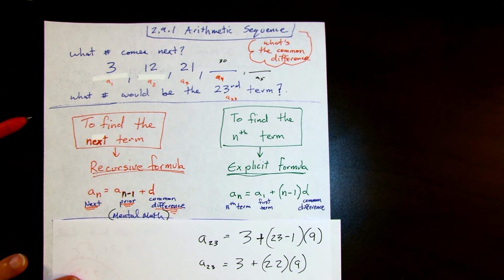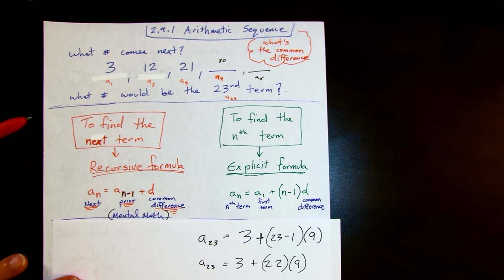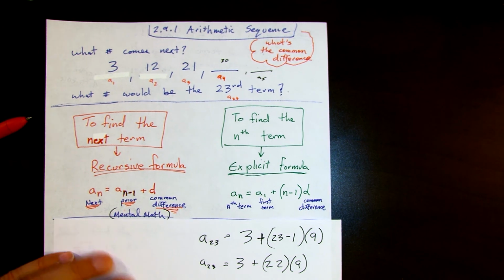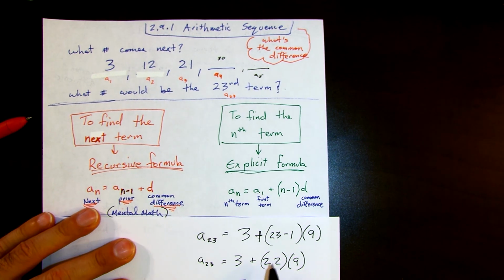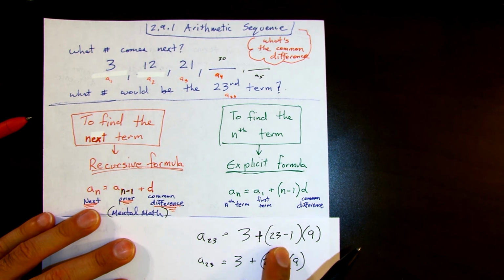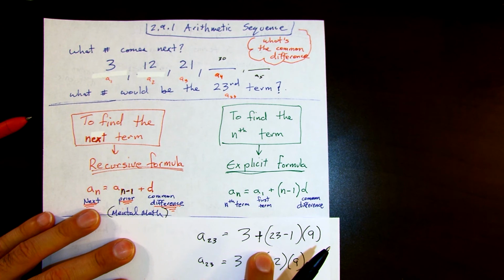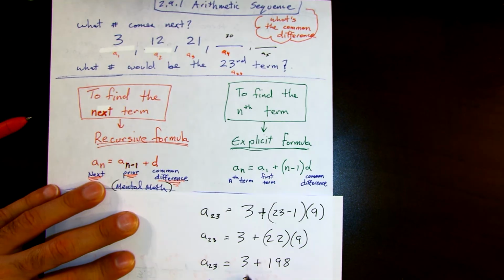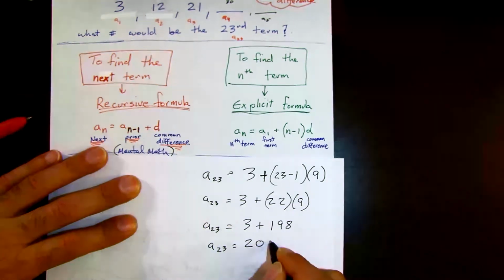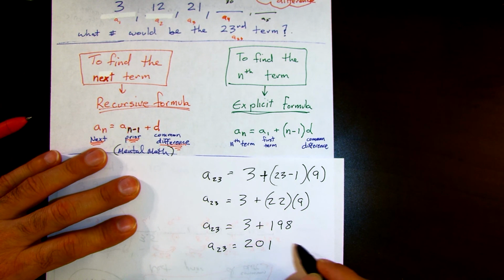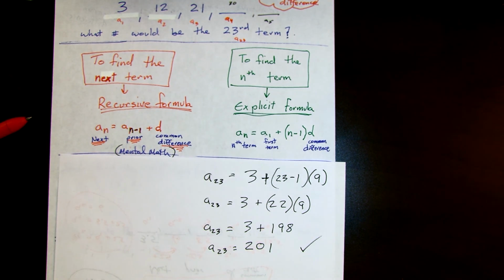Anyone else? All right. So I just had to multiply 22 times 9. So I think 20 times 9 is 180. 2 times 9 is 18. Connect them, 198. Plus 3, 201. Nice. We did it.